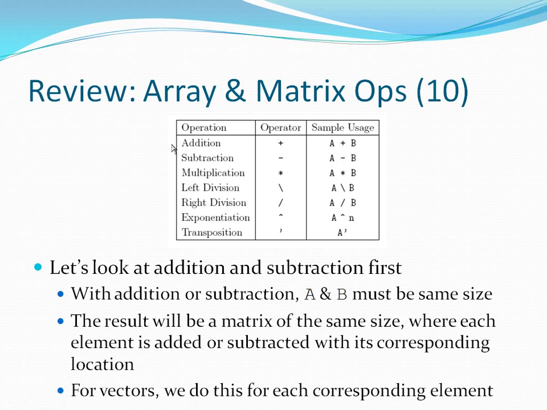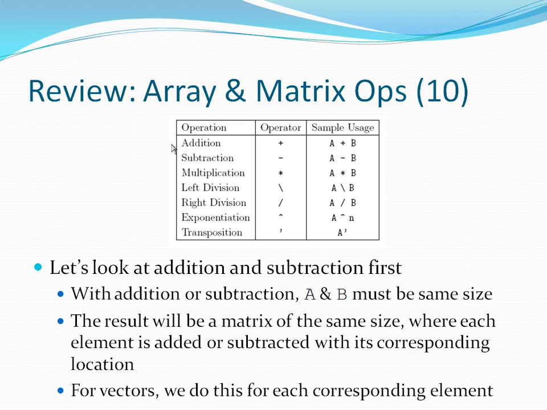When you add or subtract, you're adding or subtracting corresponding elements together to produce a new output. For example, it'll take the first element of A and add it with the first element of B, and the first element of C would be the first element of A and the first element of B added together, and the same can be said about subtracting.